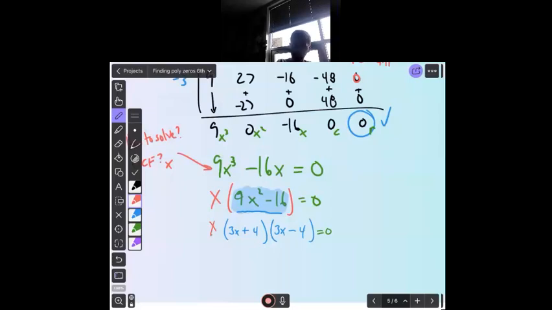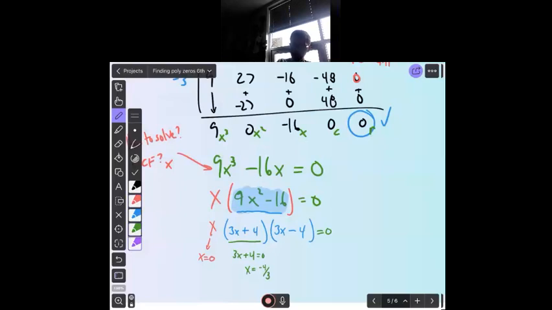Now we set each of our factors equal to 0 so we can solve. First one, don't forget about that x equals 0. Then 3x plus 4 equals 0, so you subtract 4 over and then divide by 3, giving negative 4/3.